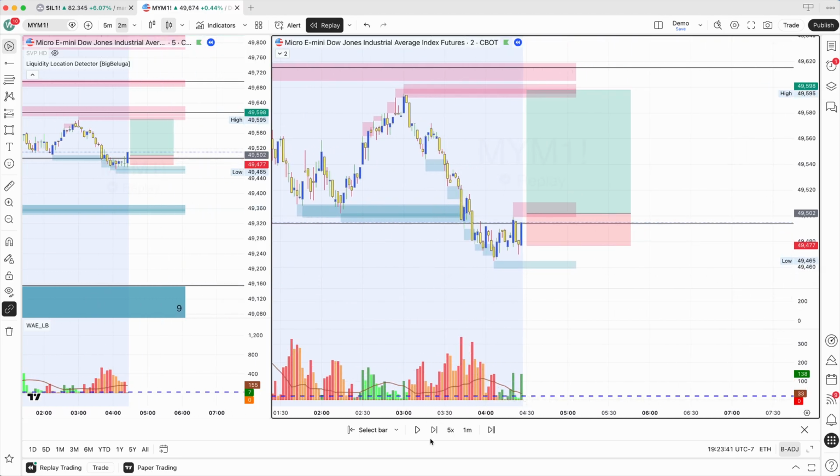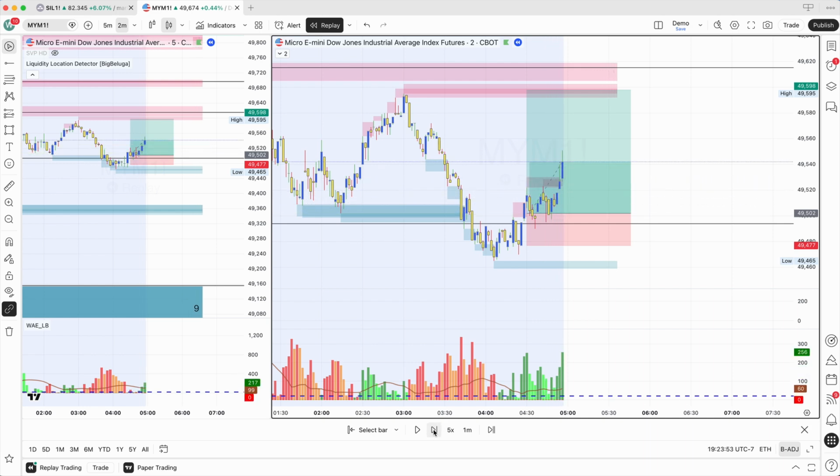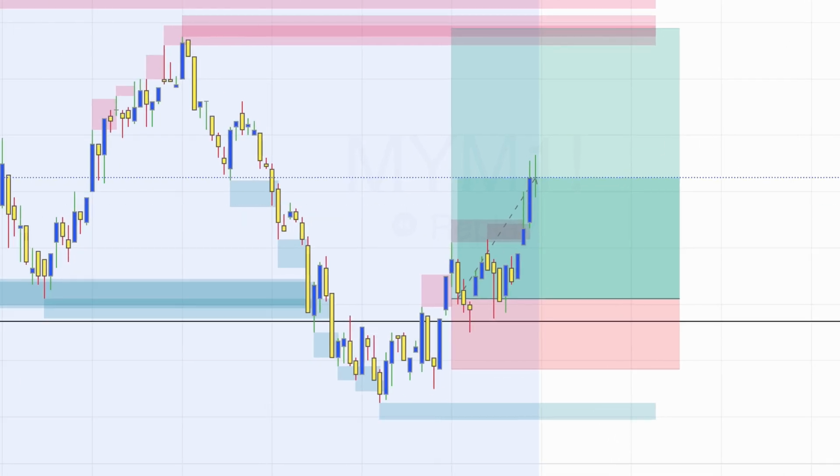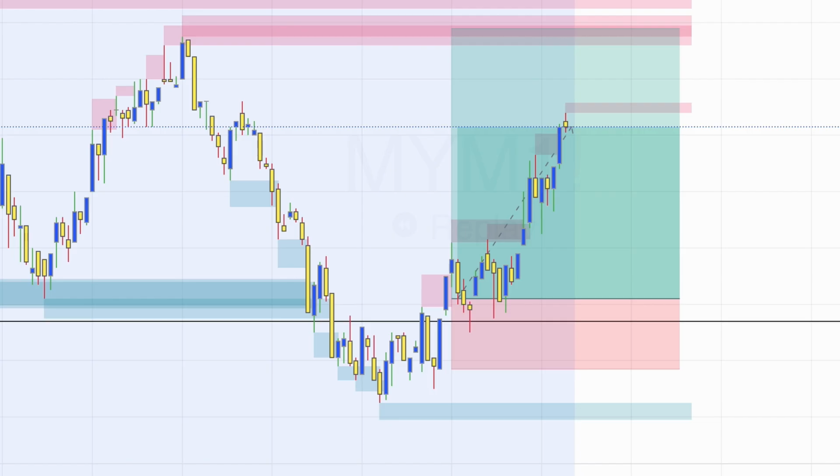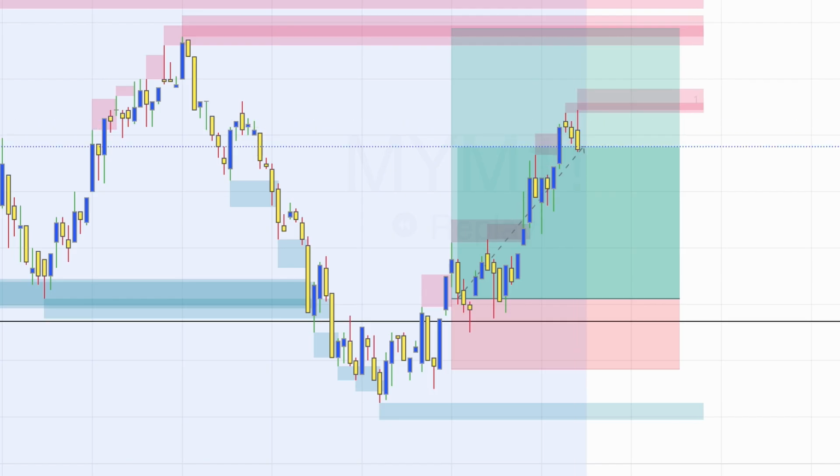So I'm going to click through one bar at a time and see what happened. Price went in my direction. Of course it's going to pull back. And right there is where it topped out.